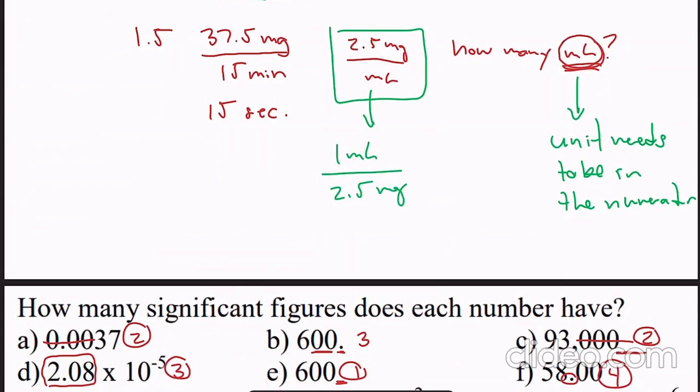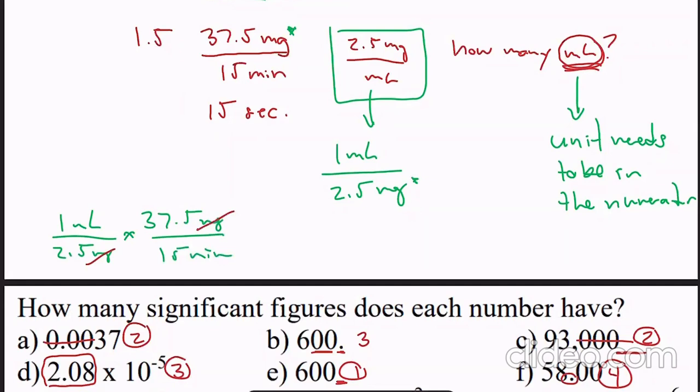And by doing that, look at this. Milligrams in the numerator, milligrams in the denominator, and I can potentially cancel something out when I set this up. So if I put 1 milliliter over 2.5 milligrams, and I multiply that by 37.5 milligrams every 15 minutes, we can go ahead and cancel out these units.